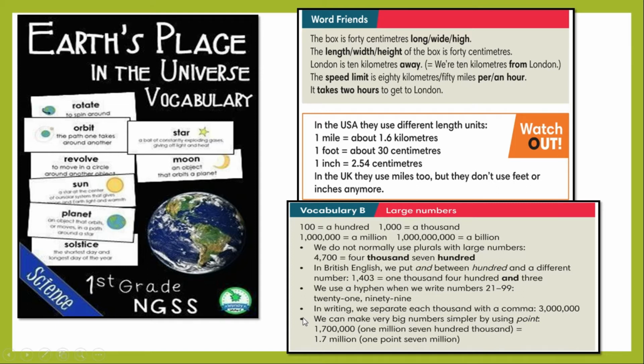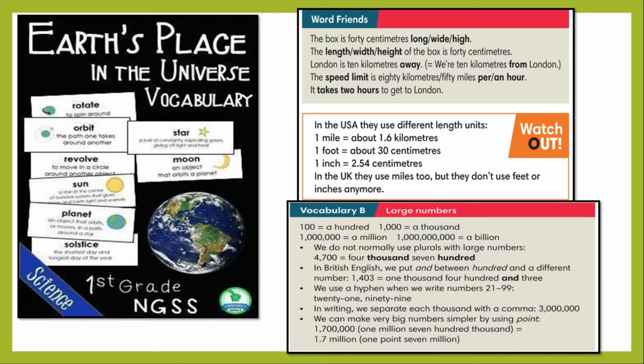Oh my gosh, it's too long to say in English. It's very long and too many zeros. How can I change that into a very short version? With a point. That's all. And I can write it this way: 1.7 million, and that is exactly the same. If you don't want to add a lot of zeros, you just add a point and that's it. As simple as that, piece of cake.